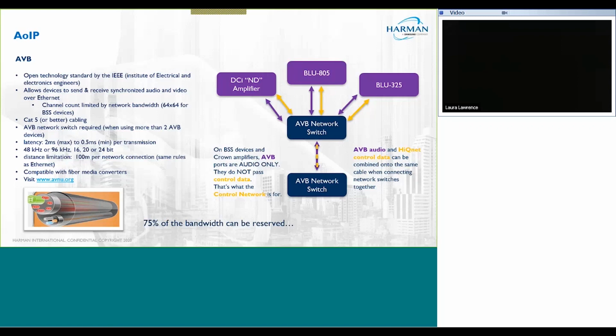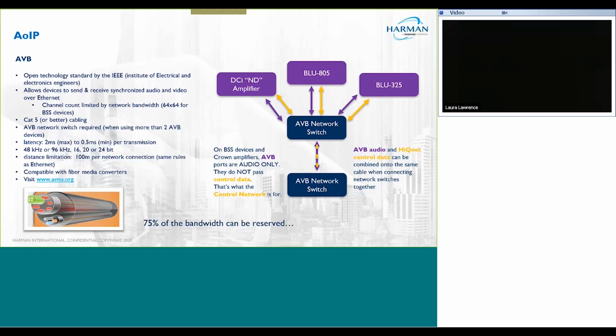By the way, this is created by the Avenue Alliance, and if you want more information about ABB, this is an open source standard, so open technology, and this is an IEEE standard. So the other maybe advantage here of ABB would be that there's no licensing fees to pay because it's an open standard.